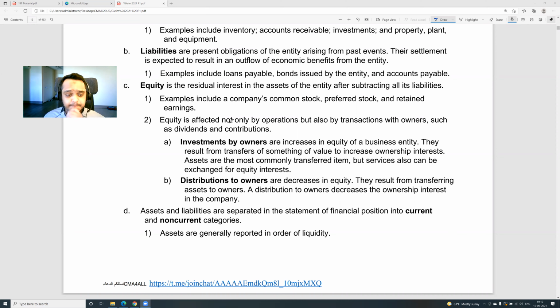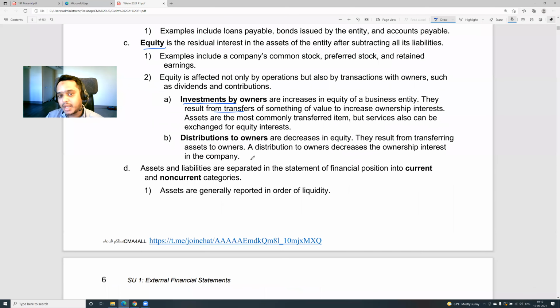Investment made through equity comes from the owners. Investment by owners increases the equity of a business entity, resulting from transfers of something of value to increase ownership interest. And a distribution to owners is a decrease in equity: you are buying back shares from people, taking money from them.